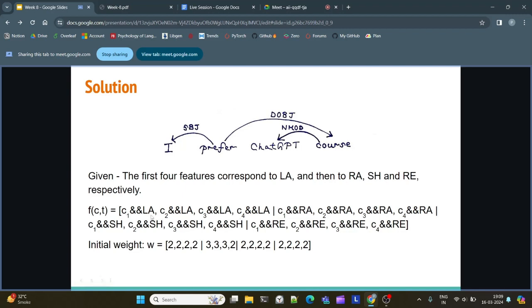So for LA, corresponding to the four conditions, we have four vectors. C1 and LA means the first condition is satisfied, and the current transition that we are performing is left arc. Similarly, condition 2 and left arc, condition 3 and left arc, and henceforth. So we carry on like this. Similarly, we have to do the same thing for the right arc transition, for shift transition, and for the reduce transition. And this is my initial weight that is given to us.